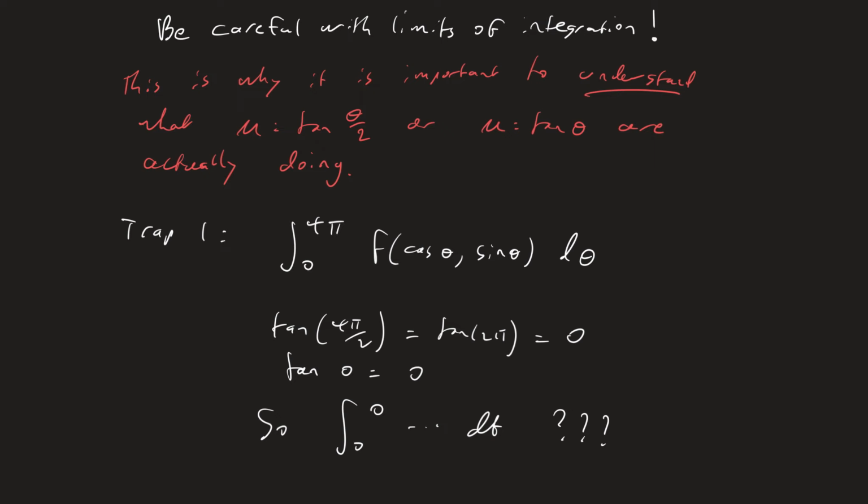There's still a trap if this were the integral from 0 to 2 pi. Tan of 2 pi on 2 is 0, so we'd have a similar problem. We have to recognise how the parametrisation works. In particular, when we parametrise in this way here, then as u goes from negative infinity all the way up to infinity, theta goes from negative pi round the circle to pi.